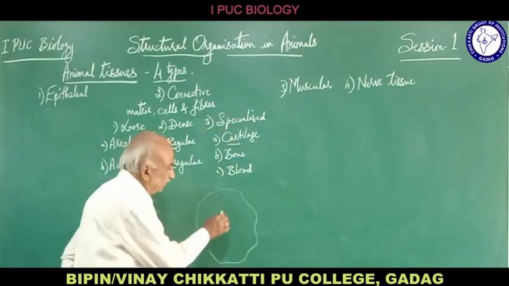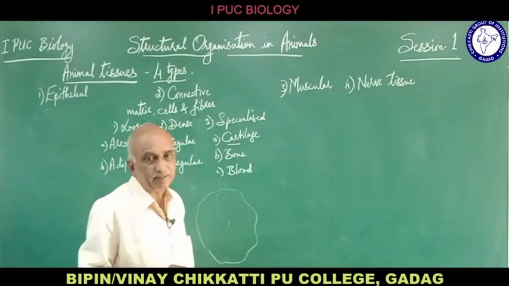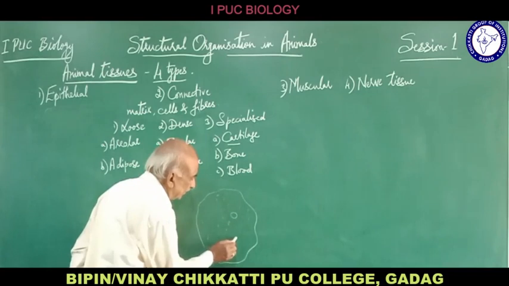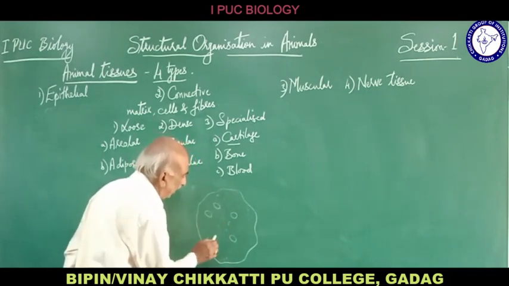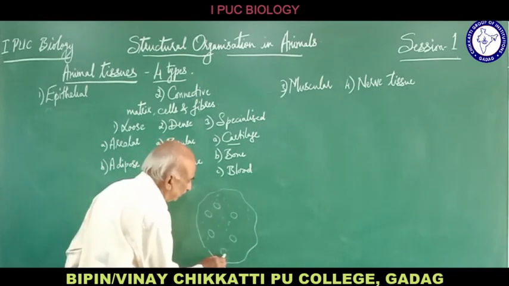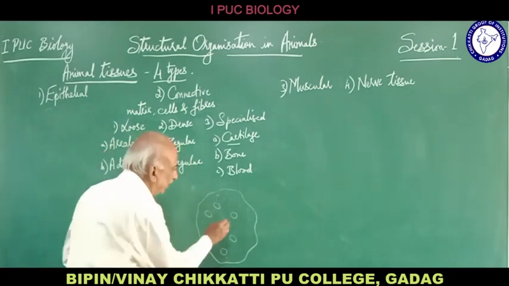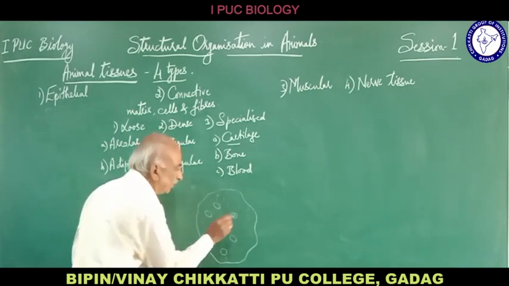And in this matrix, the cells are not in contact with the matrix. Instead, there are certain cavities like this, which are called lacuna. So these lacuna are present in the matrix, and in them we find the cartilage cells. Suppose this is a cartilage cell.